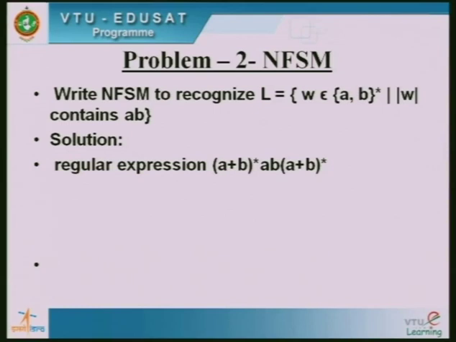If you think a bit, you will know the regular expression: any combination of a plus b can be there initially, then ab, then afterwards again any combination can come. This can be epsilon, this can be epsilon, simply ab can be accepted, this can be any combination. If you understand this regular expression, it is always very easy to write a non-deterministic finite state machine.